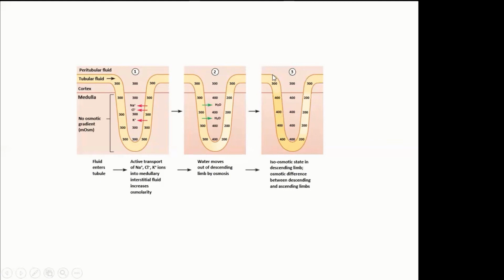So now we can see that our proximal tubule and our distal tubule fluid and the cortex are all at 300, still just like we set out. We had active transport here between our ascending limb and the medulla. So the fluid in the ascending limb has a low osmolarity. The medulla has a relatively high osmolarity. And then we let the descending limb reach equilibrium. So it now also has a high osmolarity.